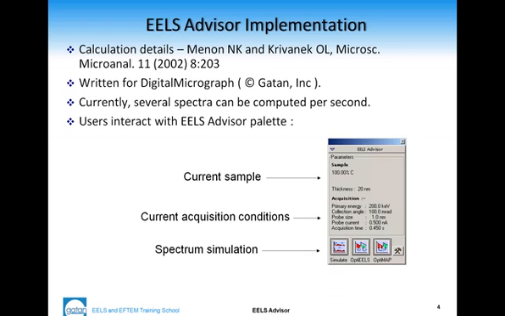We won't go into the details of the calculation, but instead we'll refer you to this paper if you are interested. The software is written for Digital Micrograph and is compatible with all GMS software.